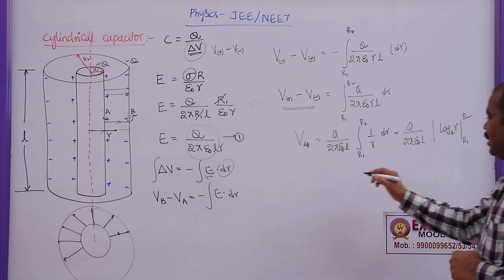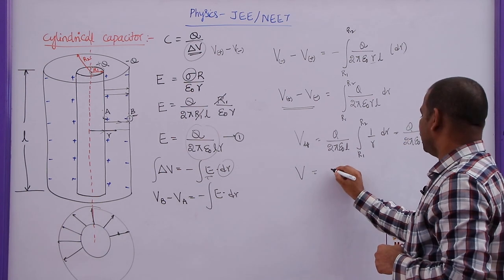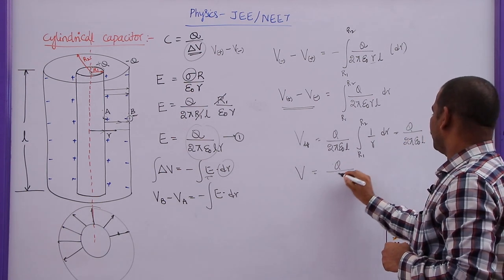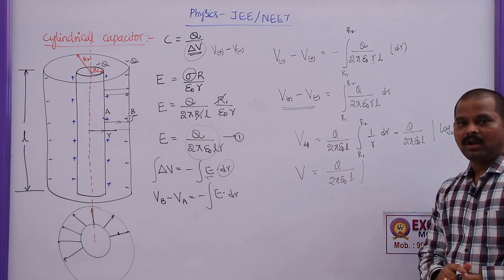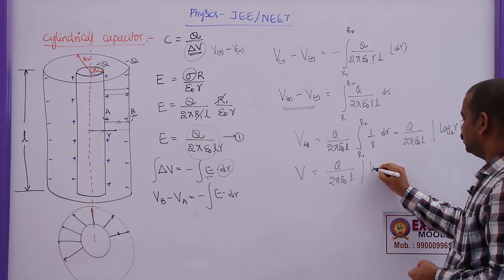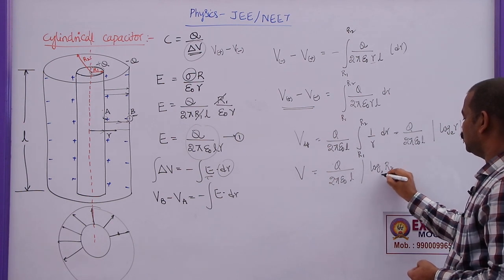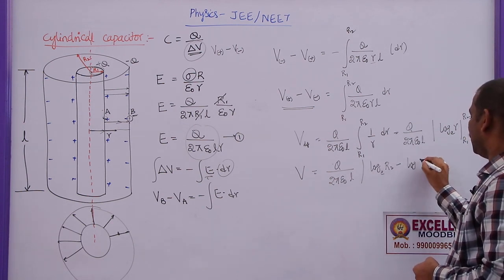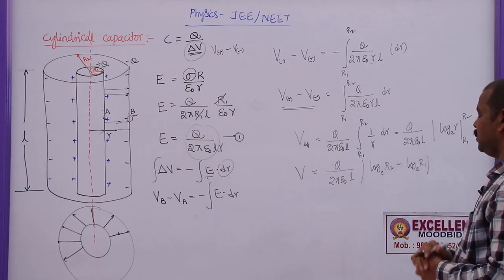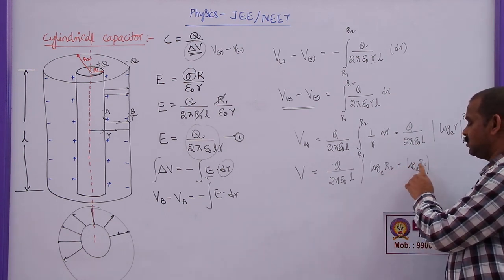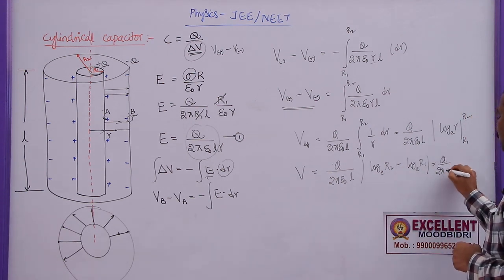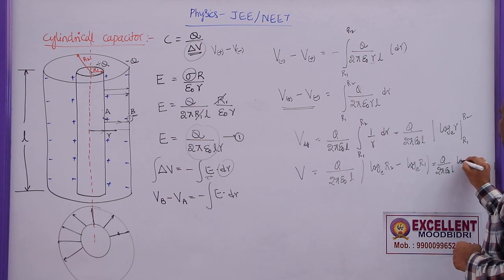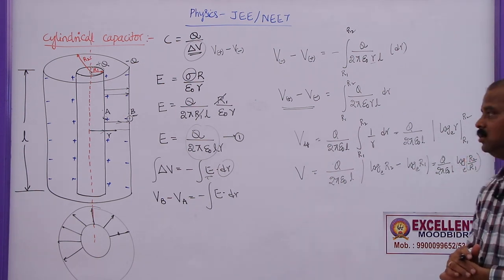Now, if you substitute these values, the potential difference is given by Q by 2 pi epsilon naught L, log R2 minus log R1. So, this is log R2 to the base e minus log R1 to the base e, and log A minus log B can also be written as log A by B. So, Q by 2 pi epsilon naught L log R2 by R1 to the base e. So, this is the potential difference.